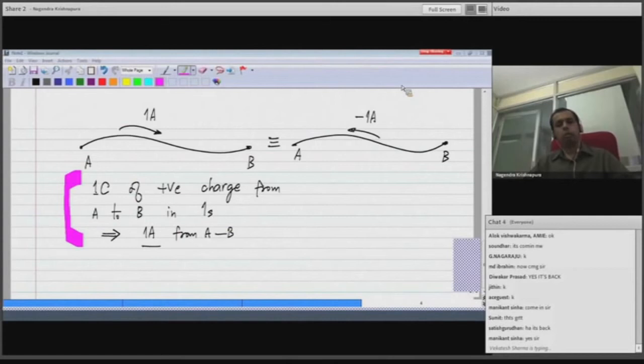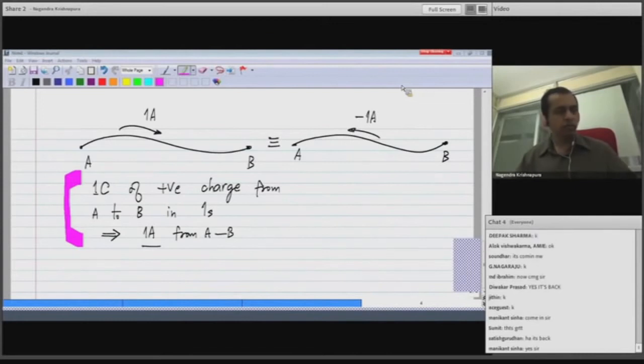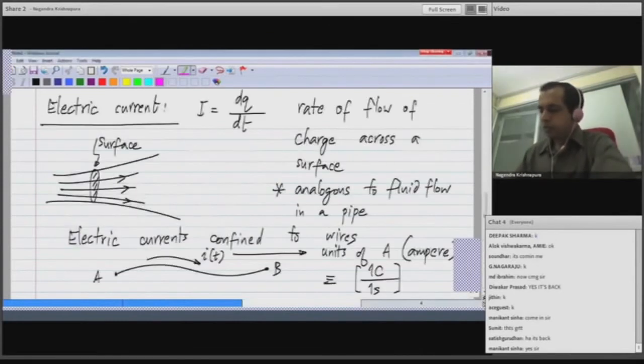Okay. There were a few questions. First one was what is a coulomb? Okay, coulomb is the unit of charge.